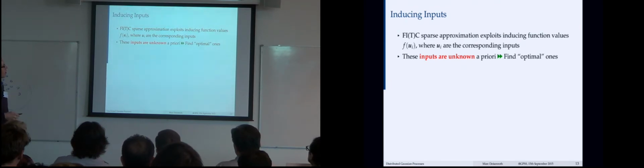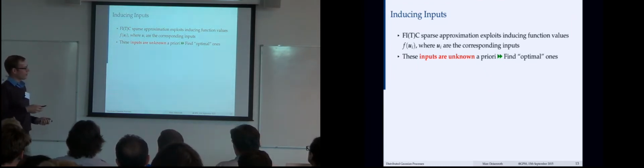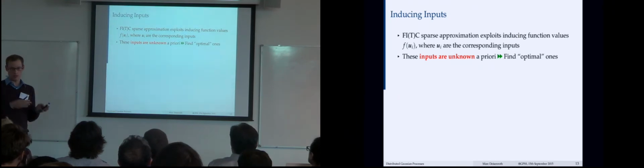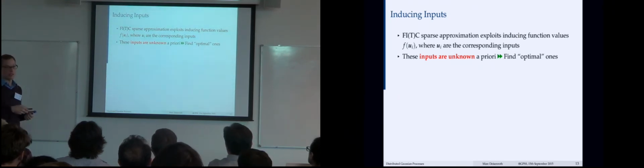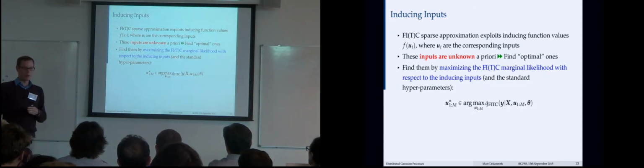So, summarizing the inducing input methods, in this particular one they use these inducing inputs and they optimize the corresponding input variables such that the approximation gets better and better. You can do this by maximizing the corresponding marginal likelihood.